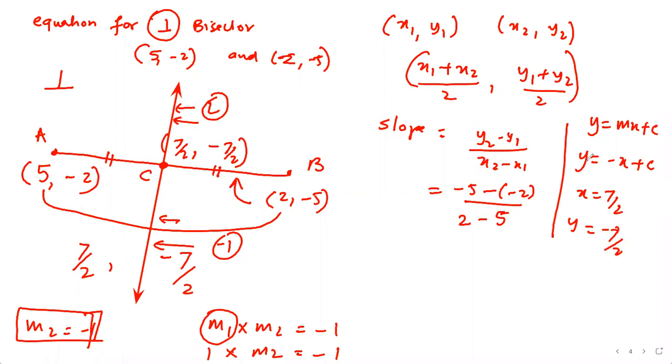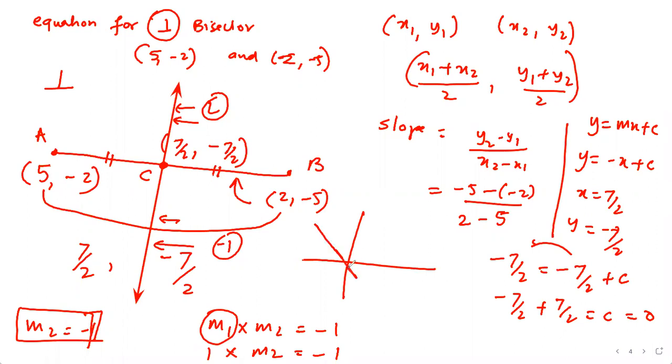So negative 7 over 2 equals negative 1 times 7 over 2 plus c, which is negative 7 over 2 plus c. Bringing it over, negative 7 over 2 plus 7 over 2 is c, which becomes 0. So its slope is negative 1 and it passes through the origin. This is the equation of the bisector of this particular line segment.